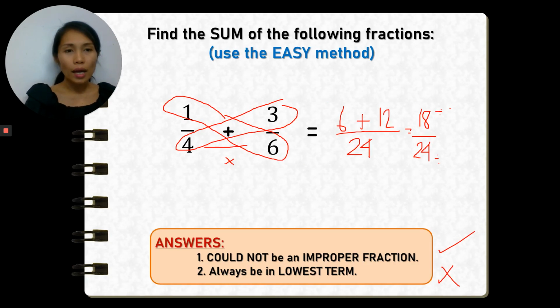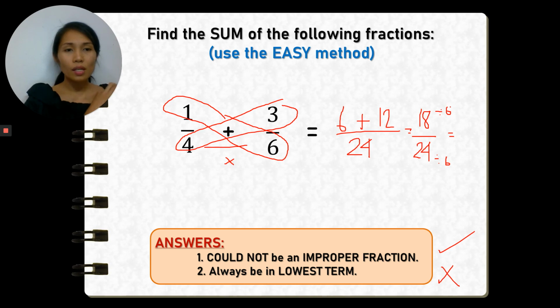There are a lot of factors, but let's see. Okay, let's try 6. Anyway, either way you use, we can still get the same answer. Either you use factor 2, factor 3, or factor 6, you'll get the same answer.